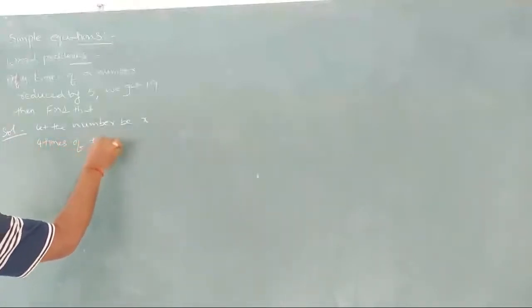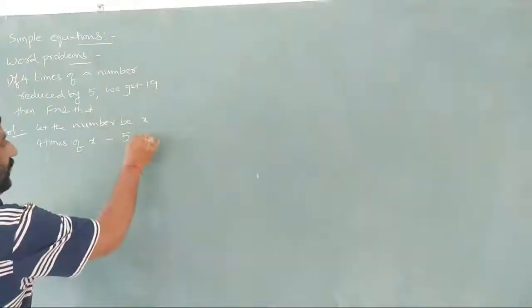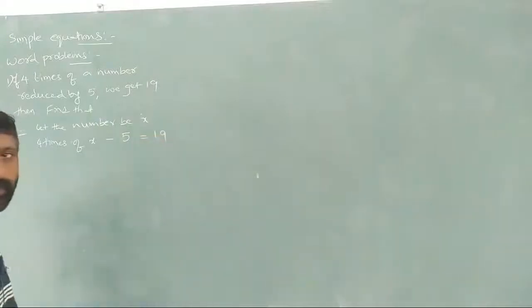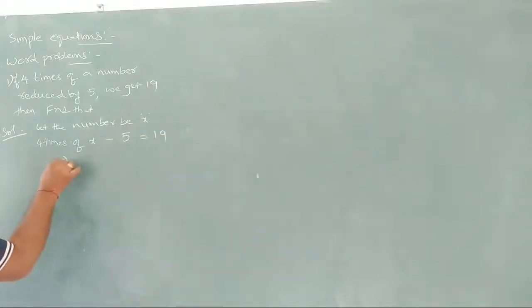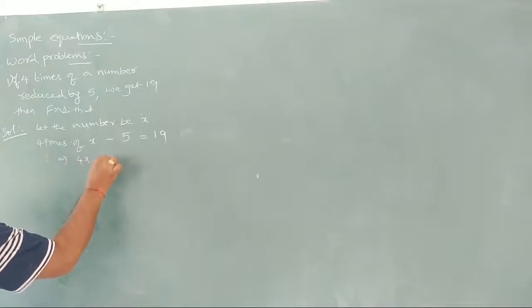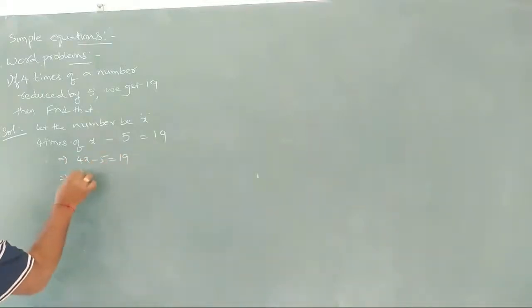What is given? 4 times of x is reduced by 5. Reduced means decreased, subtracted. How much is it? 5. What answer are we getting? 19. So simply we can write here 4x minus 5 is equal to 19, or else 4x is equal to the next side, by reverse operation.